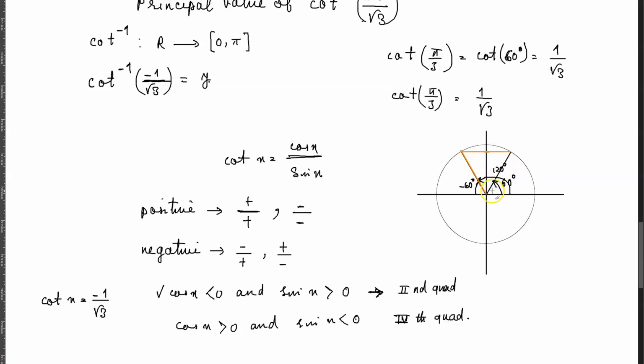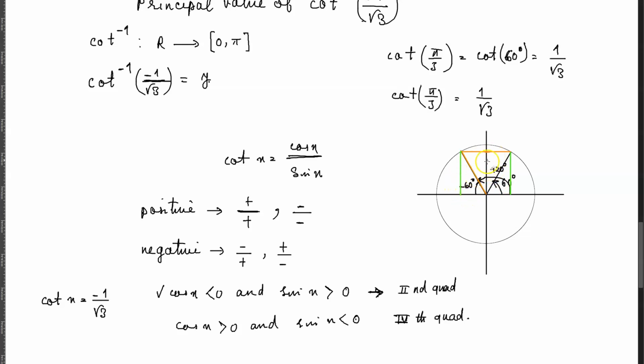This is the sine of this angle, and also the sine of this angle. The absolute value of the cos of this angle is this length on the horizontal axis, and the cos of this angle is again this length on the horizontal axis. The absolute values of them are exactly the same, so that must be the angle I'm looking for, which is 120 degrees, right?